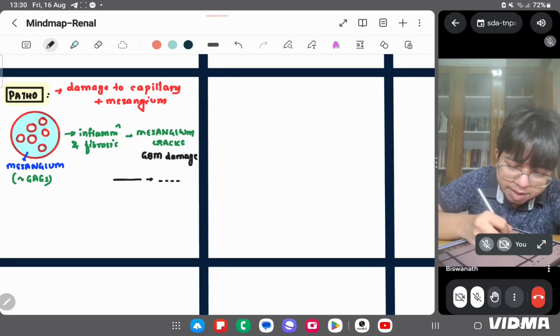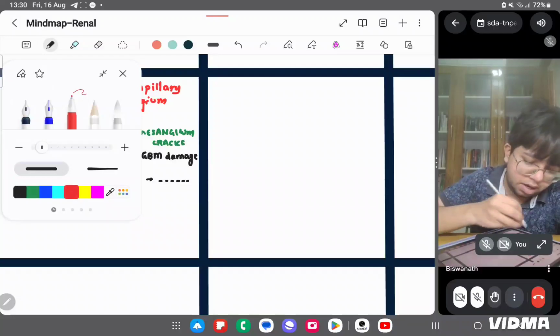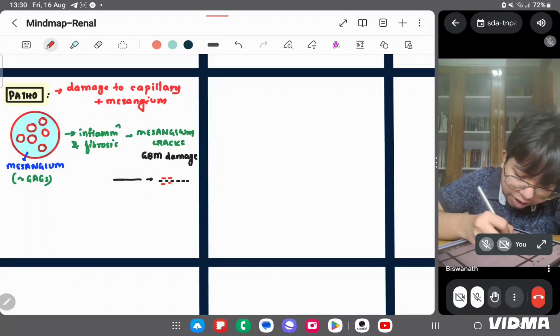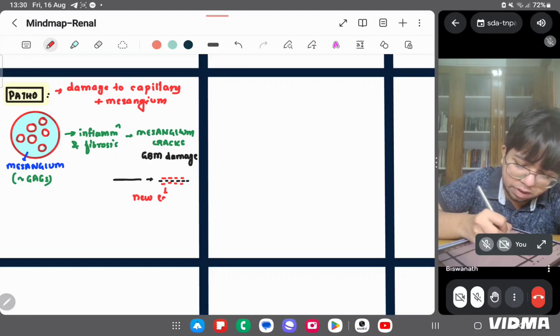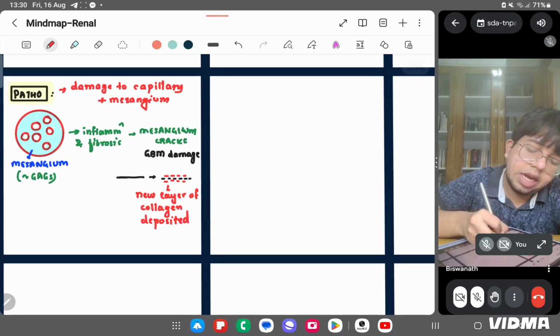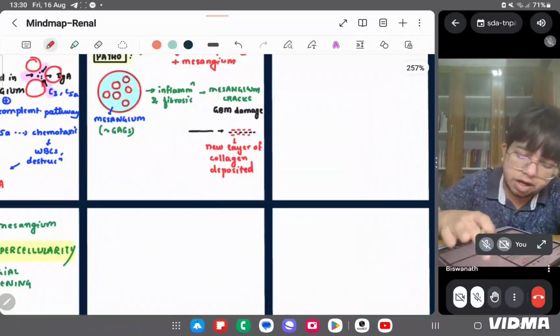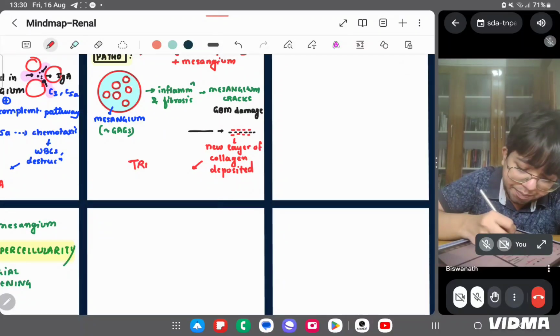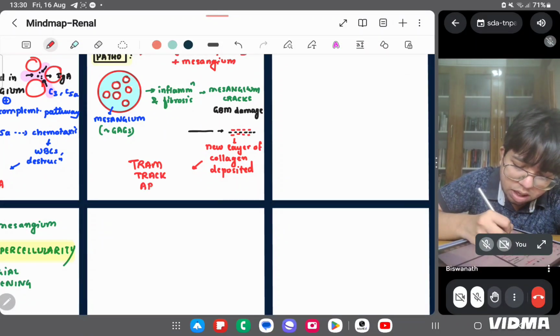This becomes like this. Okay, and a layer of collagen is deposited over it as fibrosis is there. A new layer of collagen is deposited over here, which is called a tram track appearance.